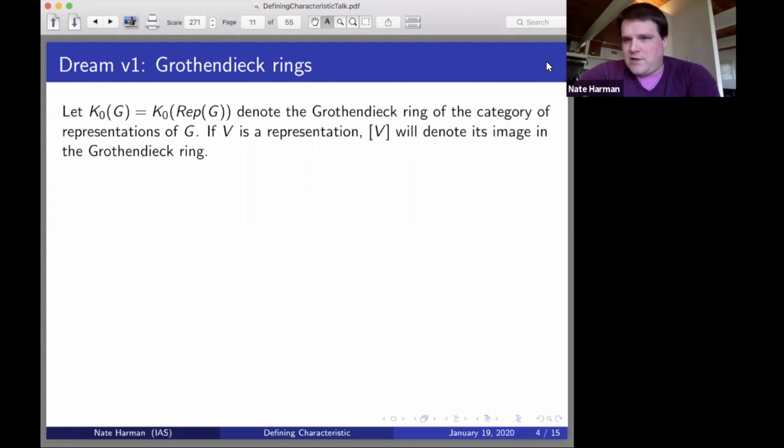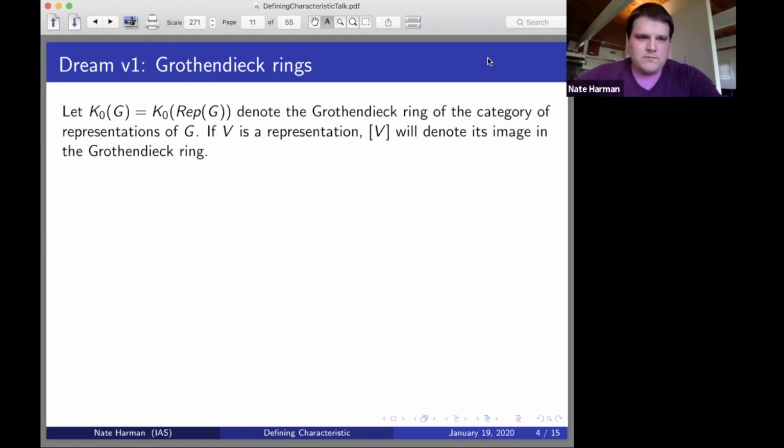Since we have a natural monoidal structure on these categories, it gives the Grothendieck group an actual ring structure, and that's the Grothendieck ring. And so I want to formulate a version of this dream conjecture just at the level of Grothendieck rings, and maybe prove something there, and that'll be a sanity check that something like this is even true, and then we'll make something more categorical.